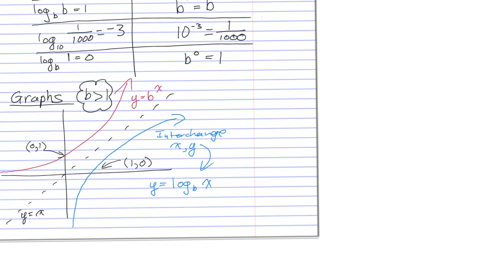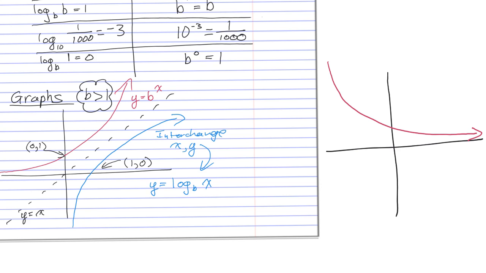So if I'm actually considering this, you would have your graph looking like this, okay? And for our graph of y is equal to b to the x, where b is less than 1 but greater than 0, which is a fraction, okay?